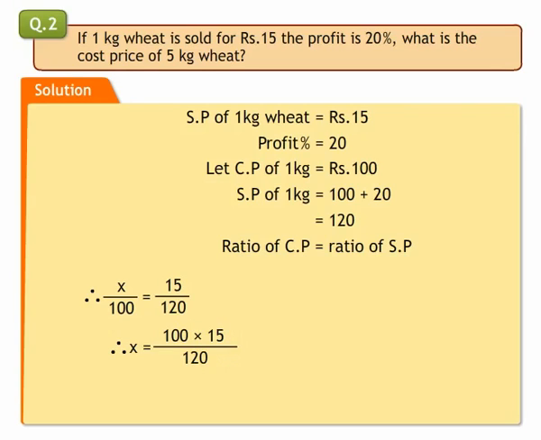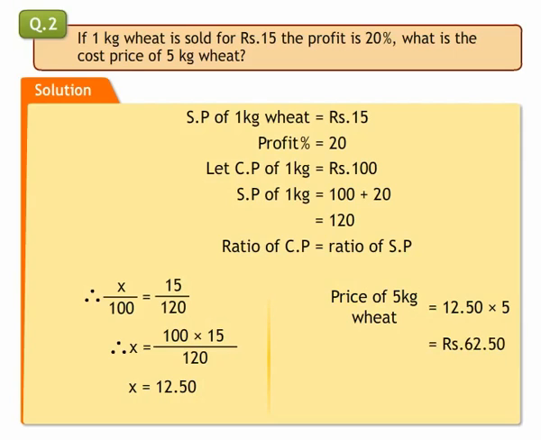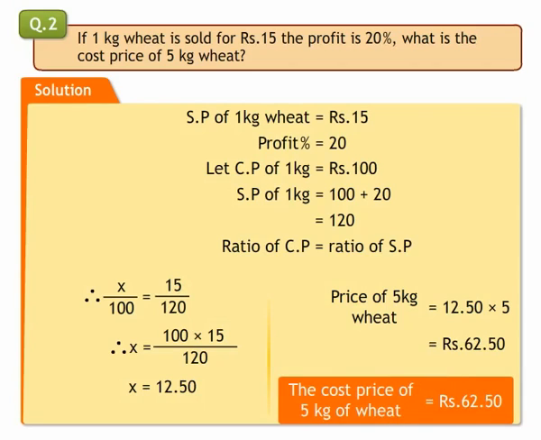On simplifying, we get X is equal to 12 rupees 50 paise. Price of 5 kilograms wheat is 12 rupees 50 paise into 5, which is equal to rupees 62 and 50 paise. Thus, the cost price of 5 kilograms of wheat is equal to rupees 62 and 50 paise.